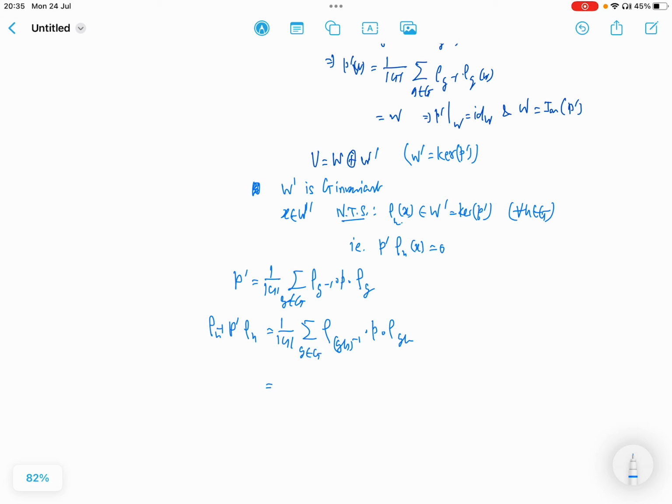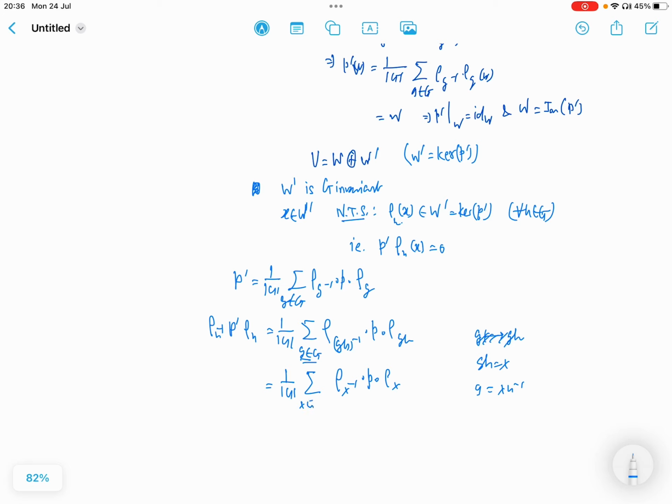Now G goes to GH. This is your map, and you are just summing over the elements of the group G and taking GH. Put it in this way. Define GH to be X. So you get rho X inverse rho X, and your G is here XH inverse.